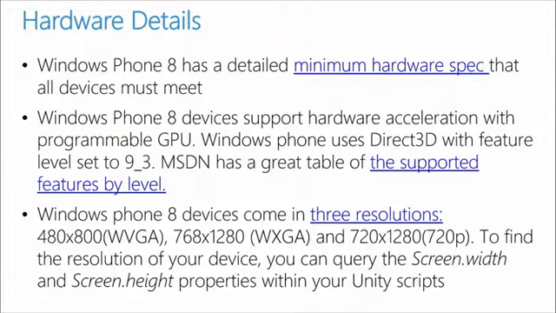You can just do a quick query to screen.width and screen.height to get the property values inside of your Unity scripts. It's the same on all devices, so that's really nice. You can find out what device screen resolution you're running on. There's nothing specific there for the Windows platform that you have to do.